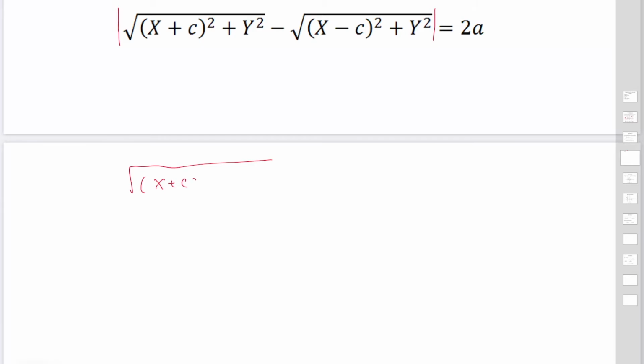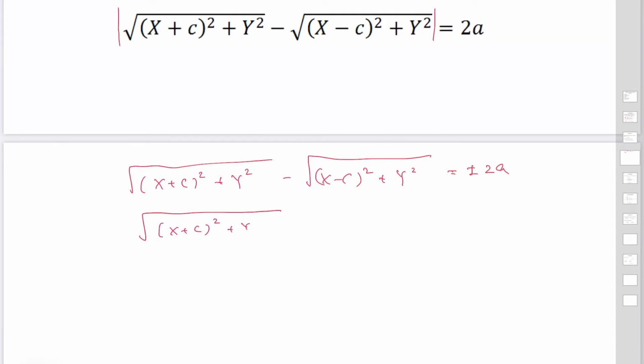square root of (x plus c) squared plus y squared minus square root of (x minus c) squared plus y squared equals plus or minus 2a. Then take the square root of (x plus c) squared plus y squared equals plus or minus 2a plus square root of (x minus c) squared plus y squared.